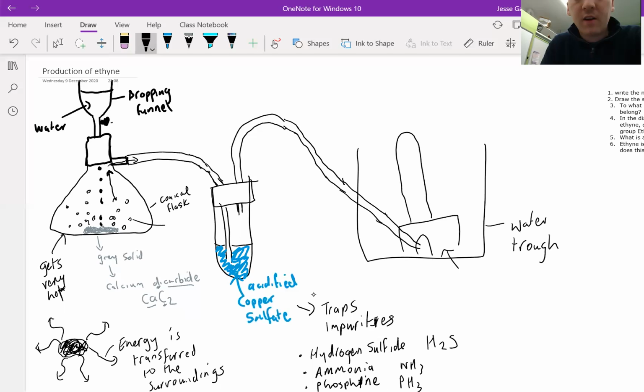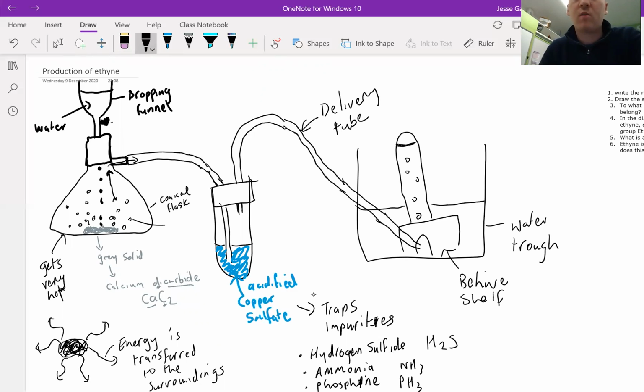Our delivery tube is delivering our Ethyne to the water basin, and we are going to bubble our gas up, and it's going to collect above the water. It's going to collect over water.